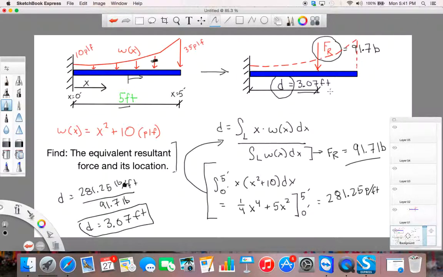What magnitude seems reasonable? Well, if I took a lower bound and said, what's the magnitude of this force? It's 10 pounds per linear foot times 5 feet, 50 pounds. Okay, well, what if I took an average of 10 pounds per linear foot plus 35 pounds per linear foot, divided by 2?